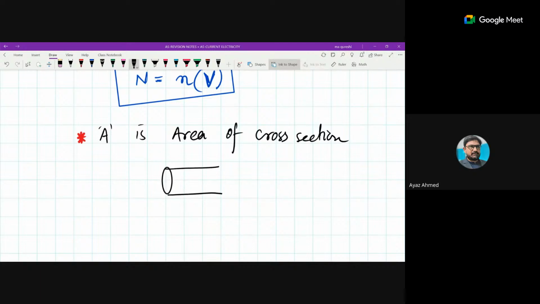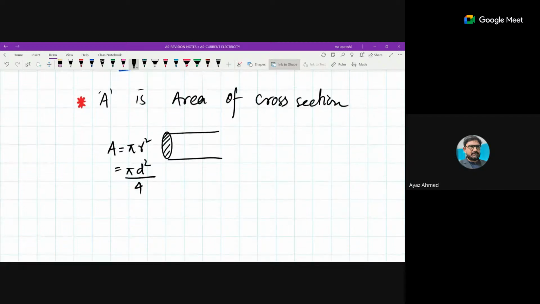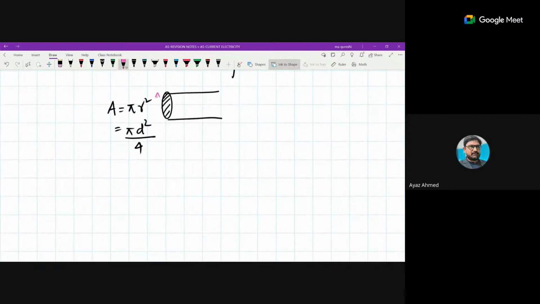If I want to calculate this area, it will be equal to pi r squared, and that will be pi d squared divided by 4. So we have to take care of this, that in case of drift velocity, although area is in the major formula or master formula, diameter is also important, and there are some questions in which we have to talk about the drift velocity and diameter.